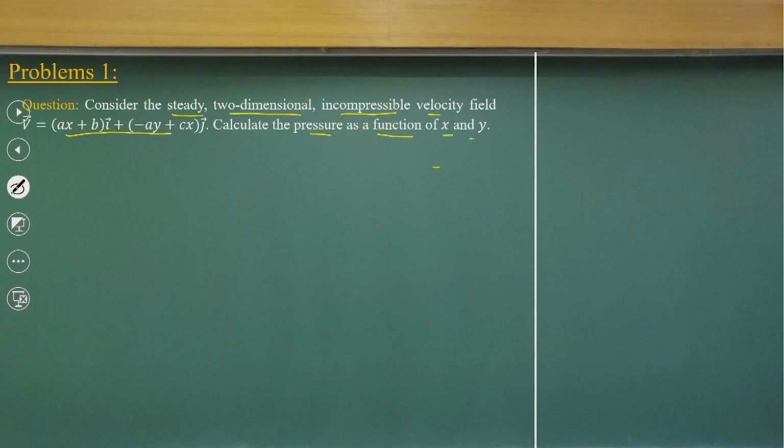The velocity field given to us has the scalar component in the x direction, u equals a x plus b, and in the y direction, v equals minus a y plus c x.